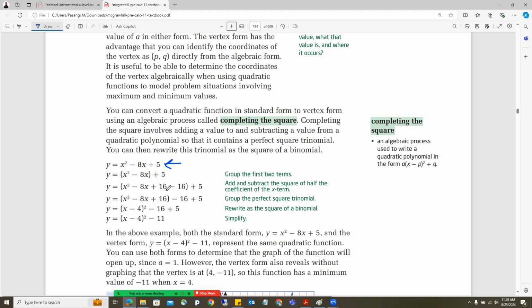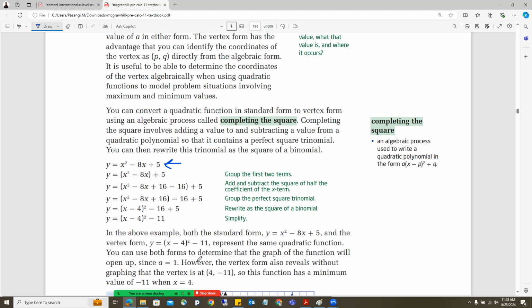So what we do normally, we just add 16 here and subtract that 16 again, because of that we are not changing anything from the initial equation. So x squared minus 8x plus 16 is (x minus 4) completely squared, and the remaining part is minus 16 plus 5. Then we have minus 11.